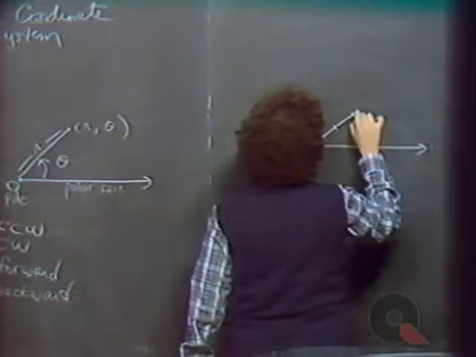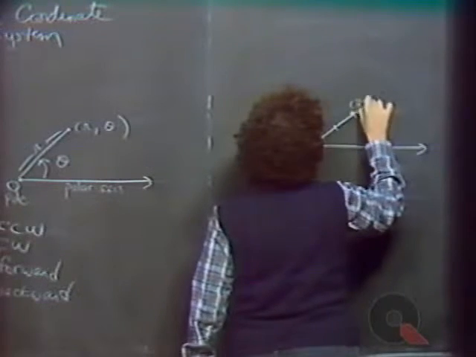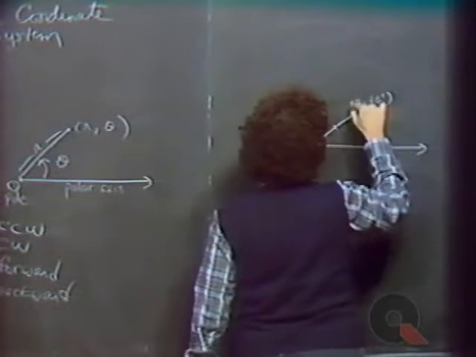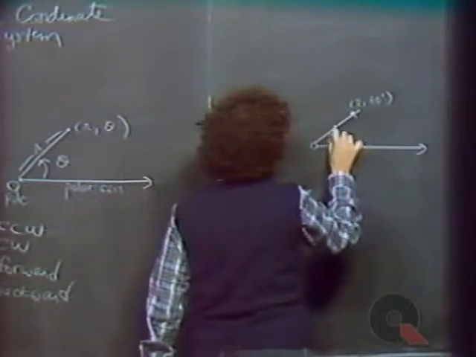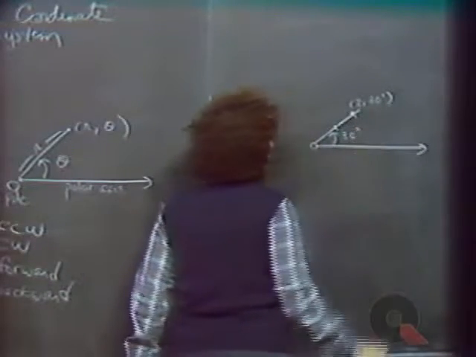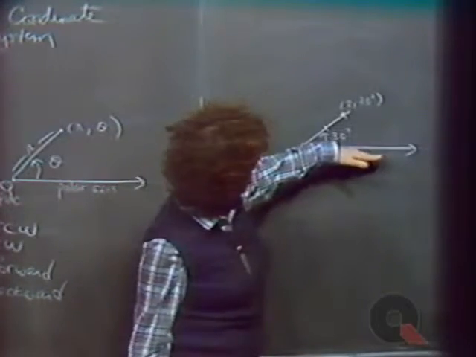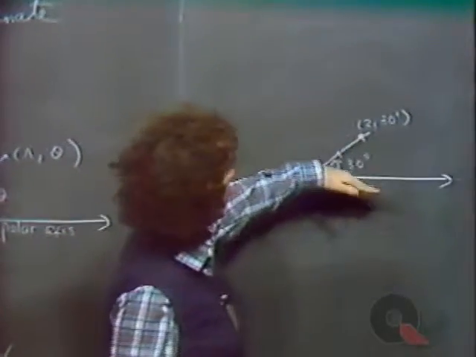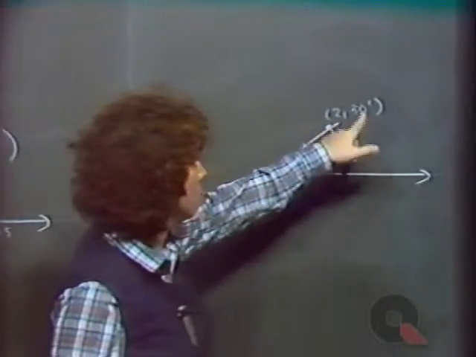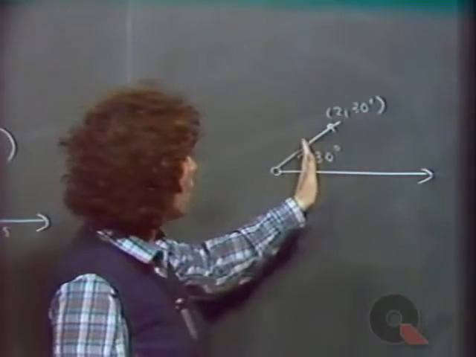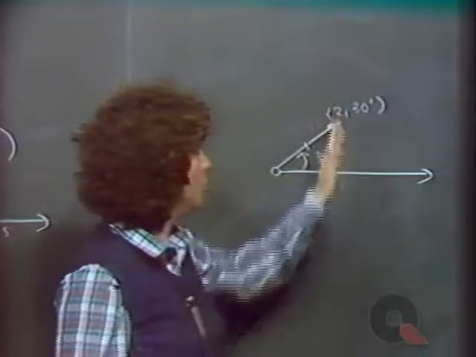So this is the point 2, 30 degrees, r, theta. He was standing here, facing out, turns himself 30 degrees in a counterclockwise fashion because theta was positive, and since r was positive, he walks forward 2 units.